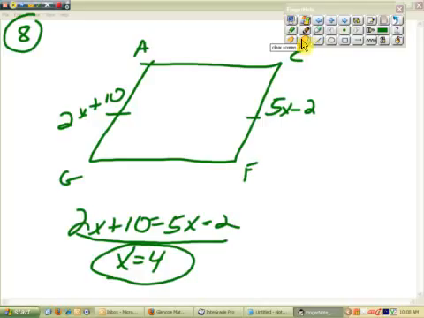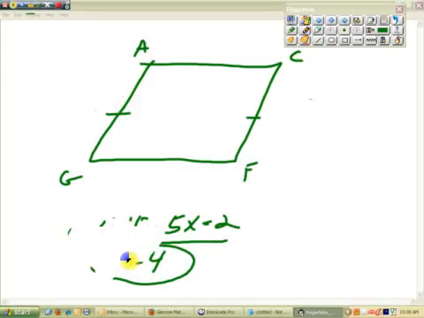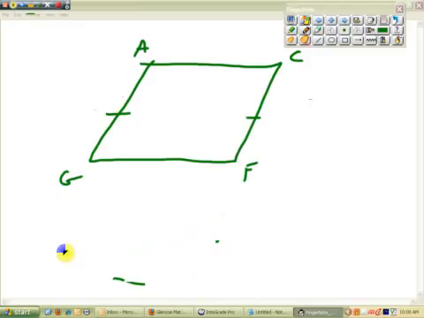Number 9 is very similar to number 8. Let me get rid of this stuff. This time they're talking about the diagonals, which are the lines in the middle of the figure. They have AX and XF. This is AF, X is the middle, and they say this side is 4y plus 3, and this side is 2y plus 7.